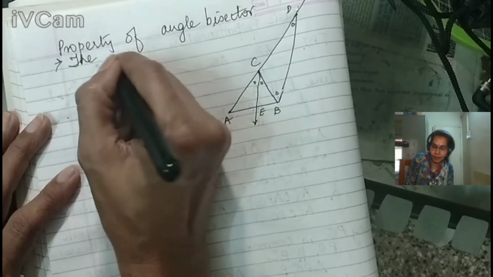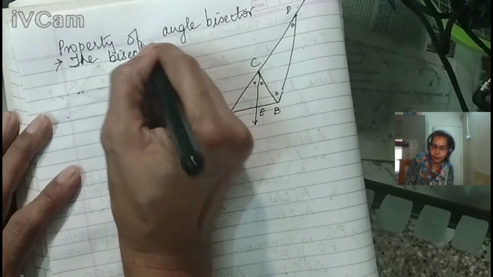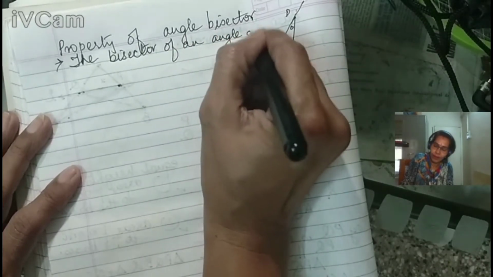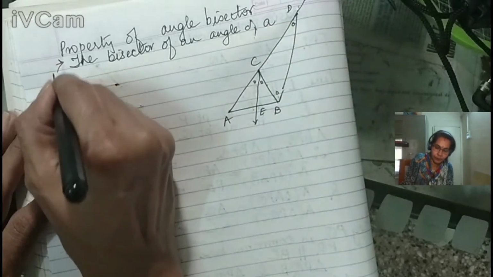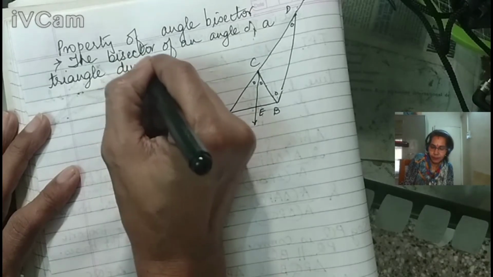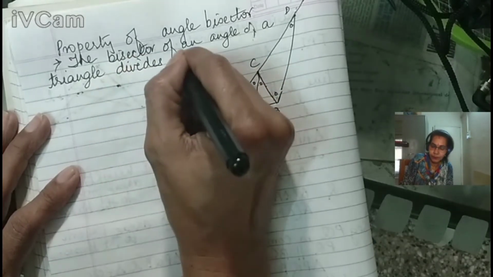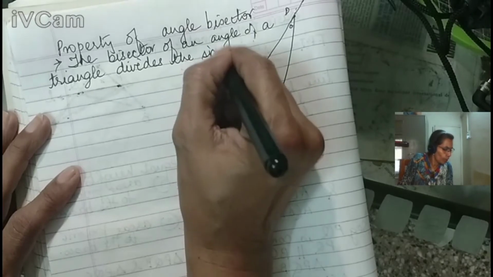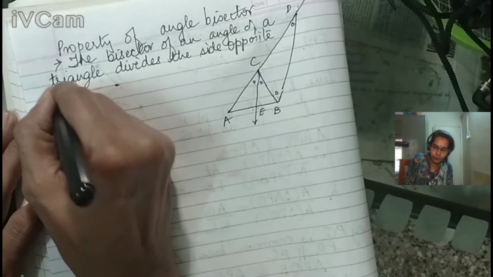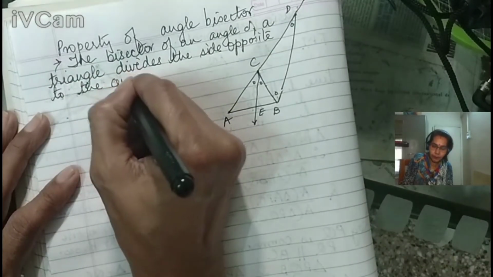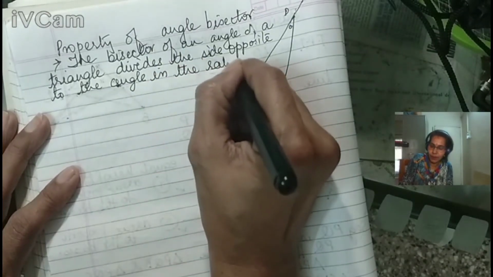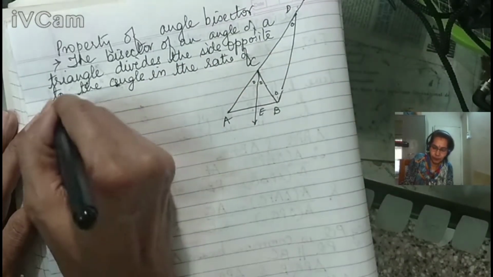The bisector of an angle of a triangle divides the sides opposite to the angle in the ratio of the remaining sides.